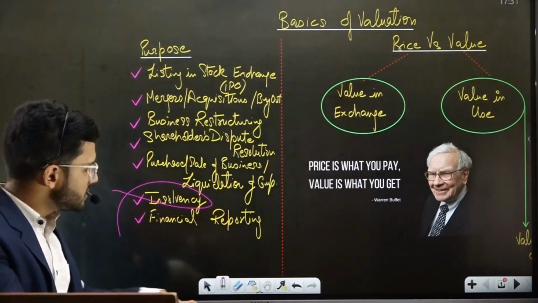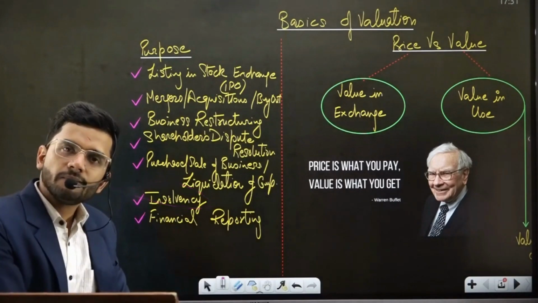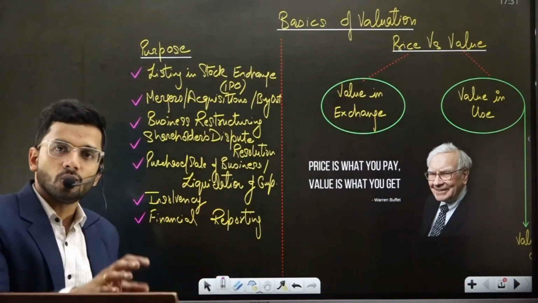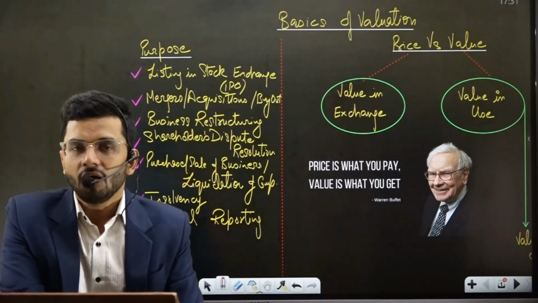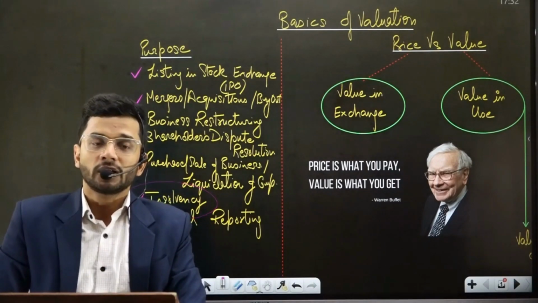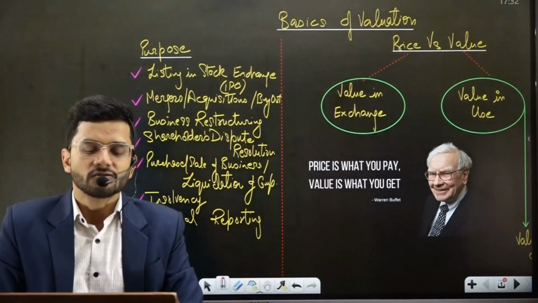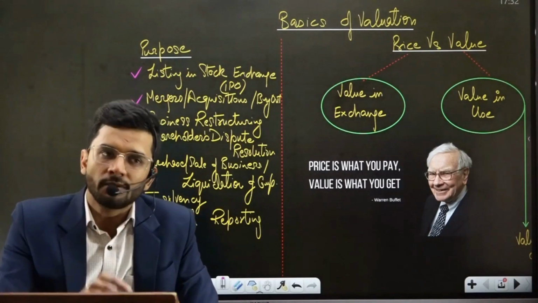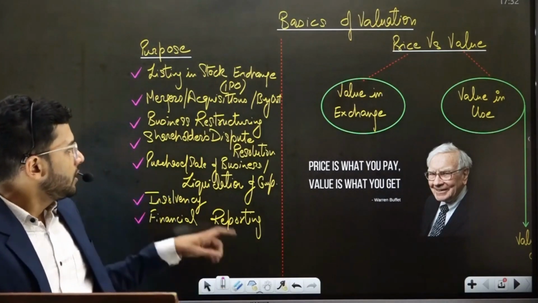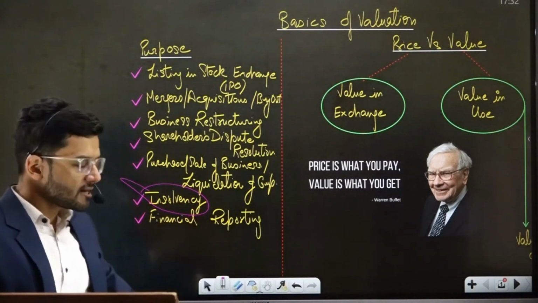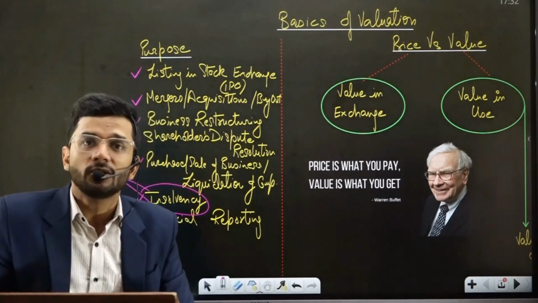Then insolvency means where the assets are much less than the liabilities of a particular company or a person. Assets are much less, liabilities are much more. In that situation, guys, insolvency happens. And in case of insolvency, all the assets are sold in the market, and whatever is the residuary figure, or the residuary cash flow which is arranged, that is distributed amongst the shareholders or the stakeholders like creditors, etc. Your net worth is eroded.